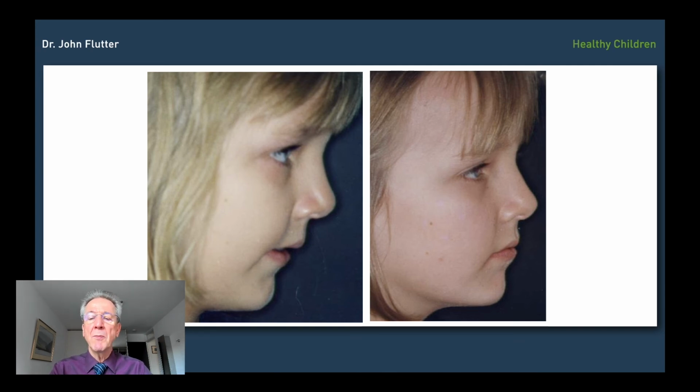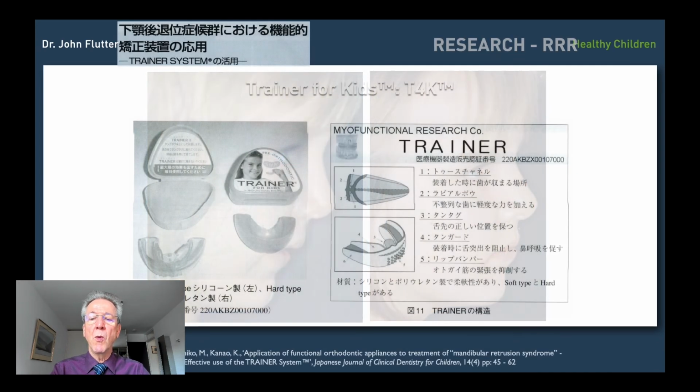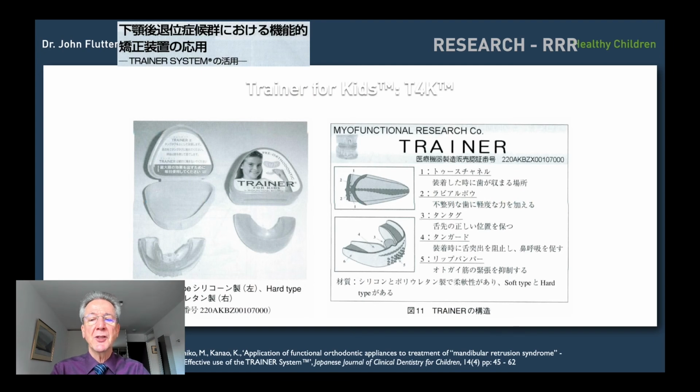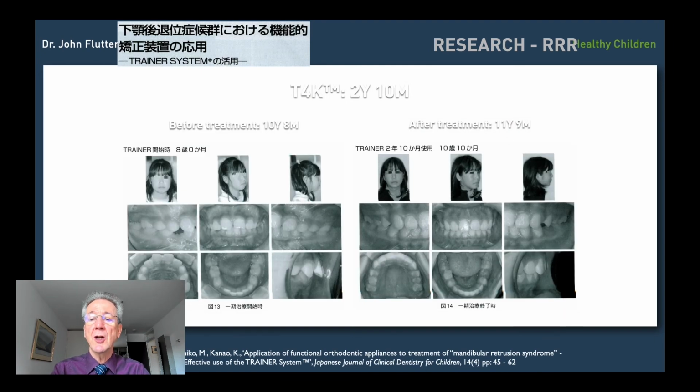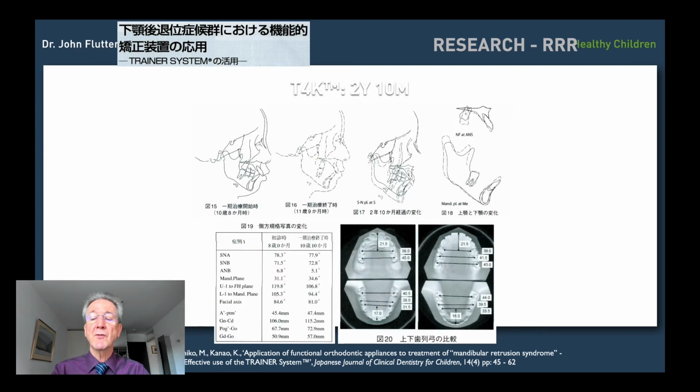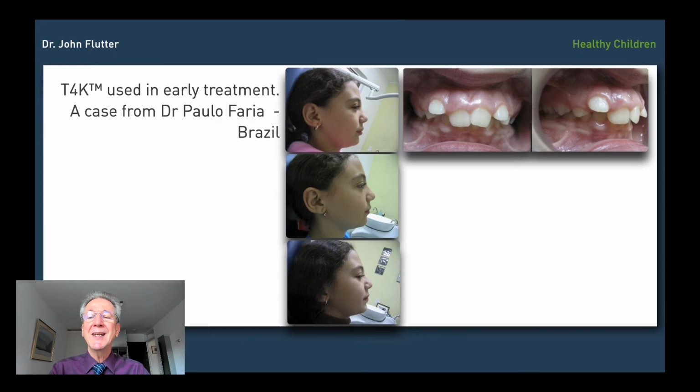And even though people are using these techniques worldwide, this is a series of cases that was published in a Japanese journal by some orthodontists in a university, and they take measurements and they take cephalometrics of changes that take place when they train the tongue in the palate, but again very low levels in the hierarchy of evidence.